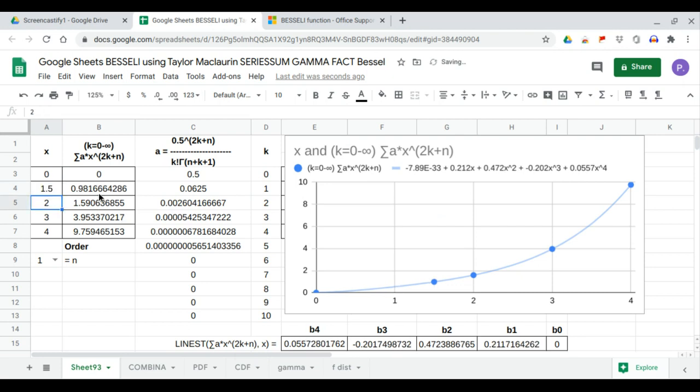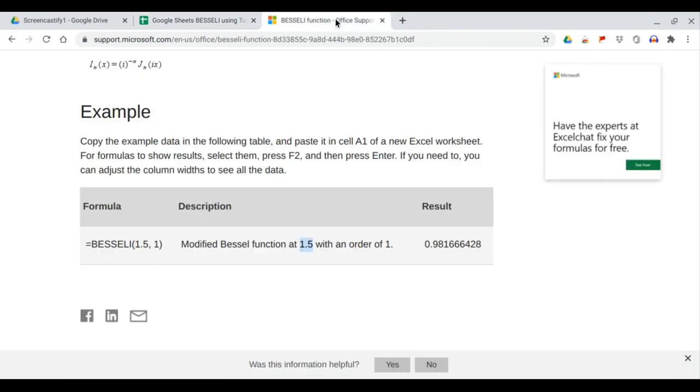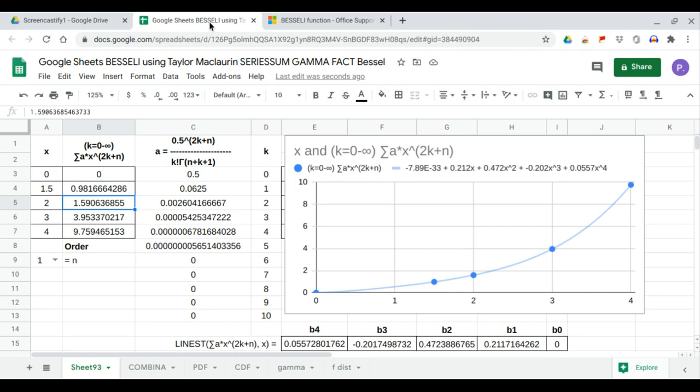Enter. So our value is 0.981666, which matches our result, 0.981666. So this confirms that our trend line and data set is accurate and also complete.